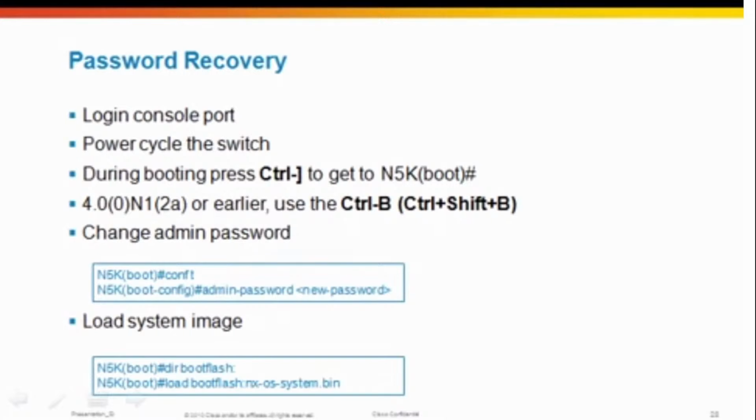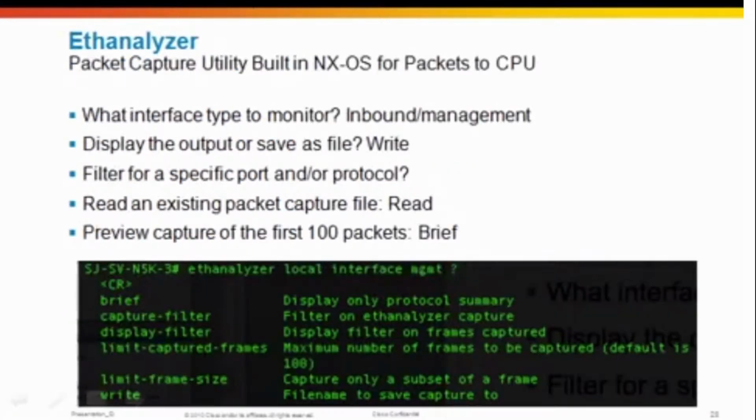Let's now talk about things you can use to troubleshoot your network. The first one I'd like to talk to you about is the ETH analyzer. This is a packet capture utility built in NX-OS for packets received by the CPU on the 5K, which are destined to the 5K. A couple of things to ask yourself: what interface would you like to monitor?